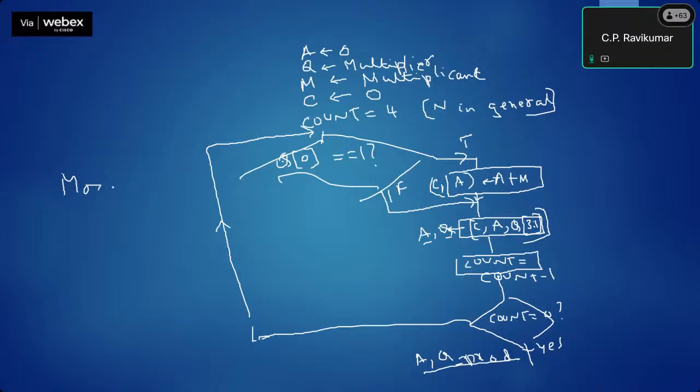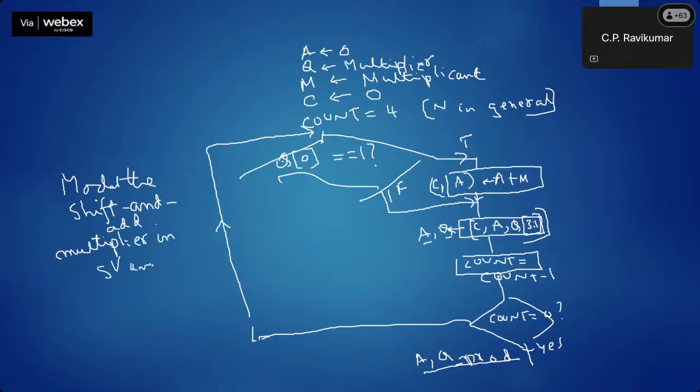Model the shift and add multiplier in SystemVerilog and test it, and that will be the assignment. So think about it and tell me.